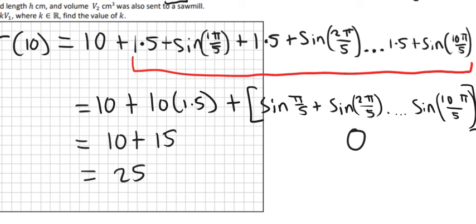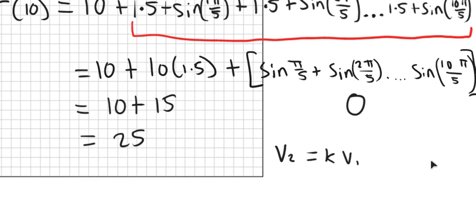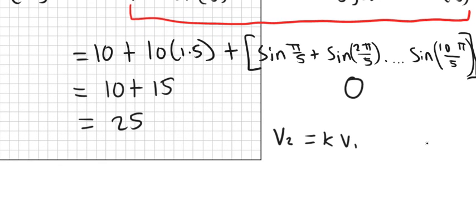Right, so we still need to find out what k is. So we know that V2, that's the 10-year tree, is equal to k times V1, which is what it is at the start. So the volume of a cylinder is pi r squared h, so pi r squared h equals k times pi r squared h.